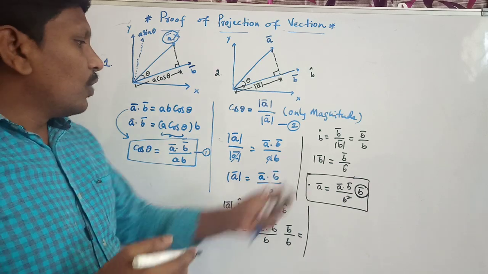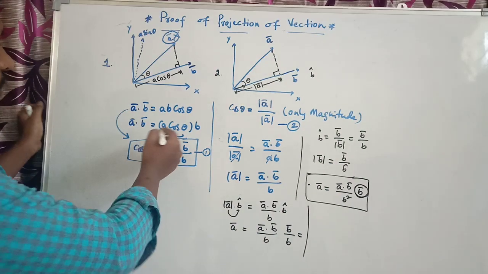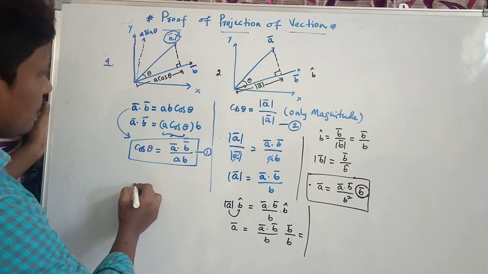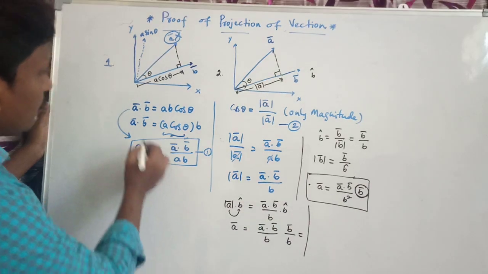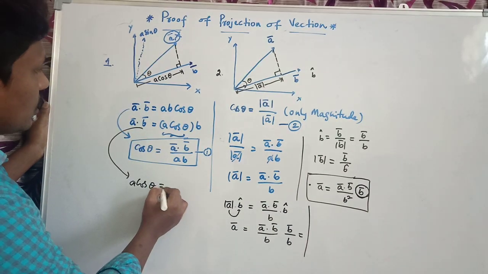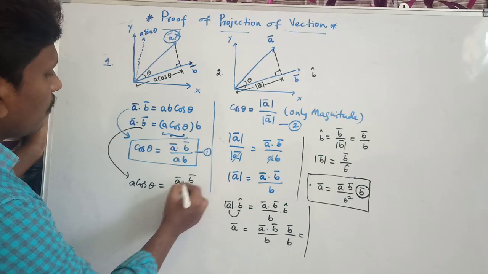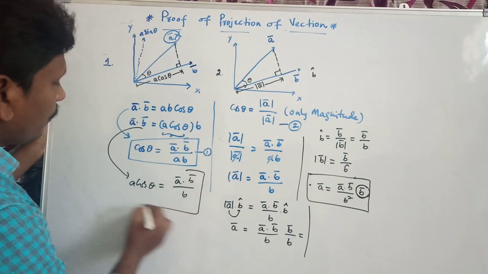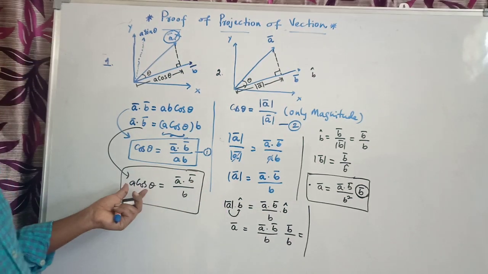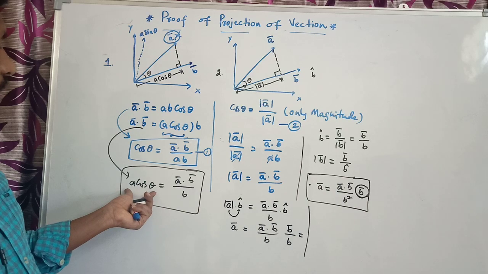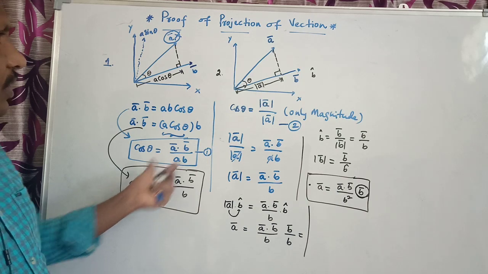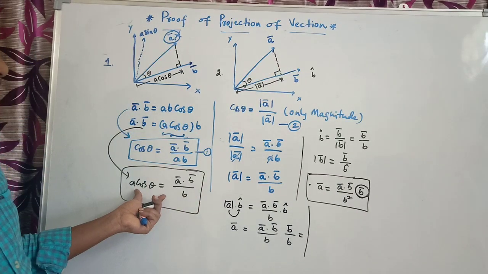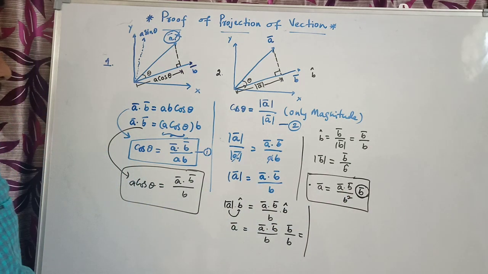Already we know the general equation of the projection of a vector, that is a cos theta. From this, a cos theta is equal to a bar dot b bar by b. This is the component of the a vector along the direction of the b vector, and this one is the same.